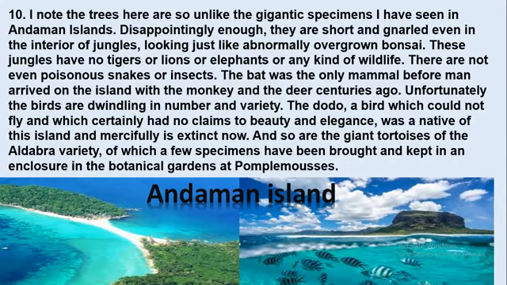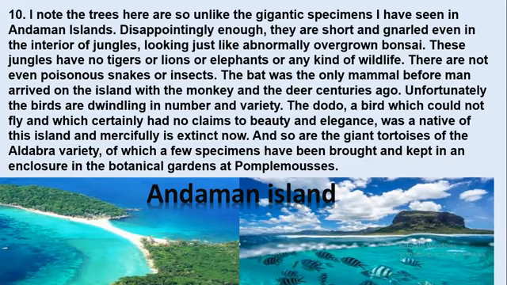Unfortunately, the birds are dwindling in number and variety. The dodo, a bird which could not fly and which certainly had no claims to beauty and elegance, was a native of this island. Yes, students, you have heard about the dodo, which has become an extinct bird now. So it was a native of this island, but now it's not found. It has totally disappeared from the earth. And so are the giant tortoises of the Aldabra variety.